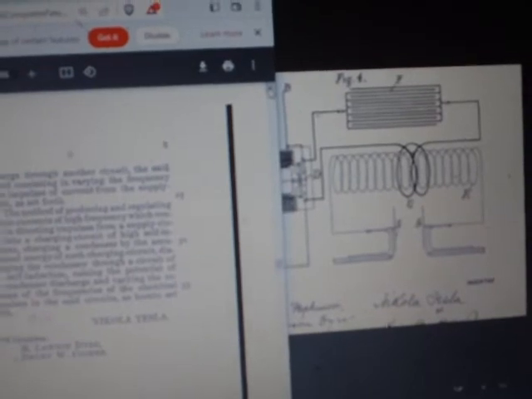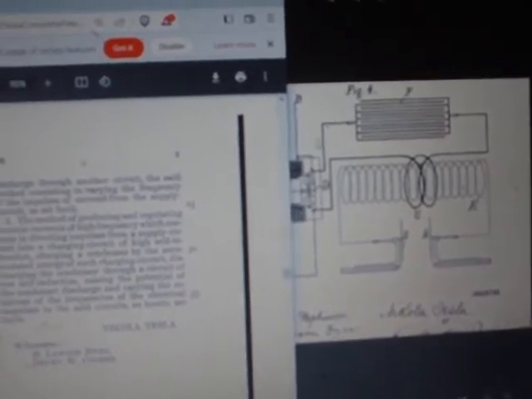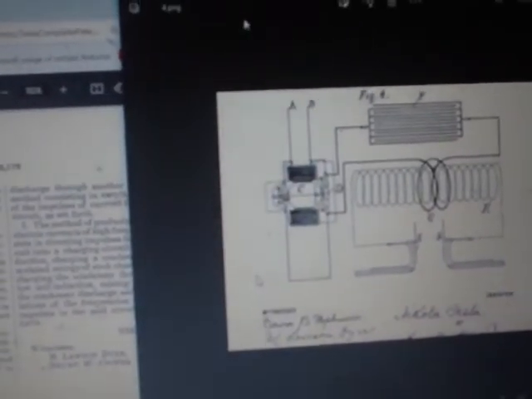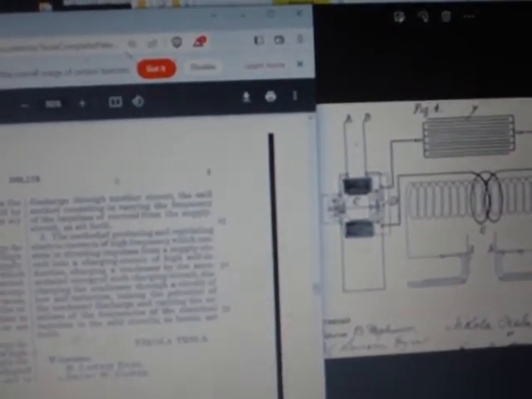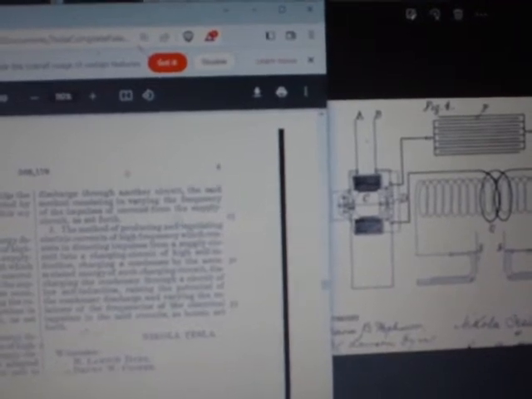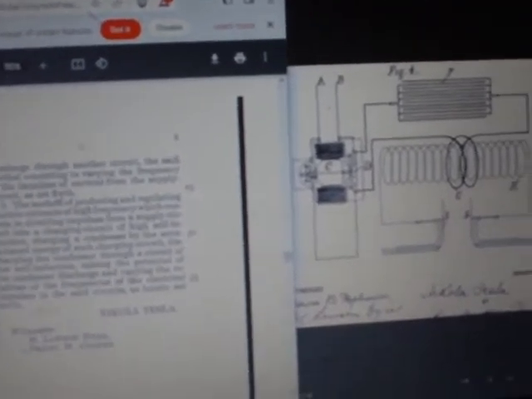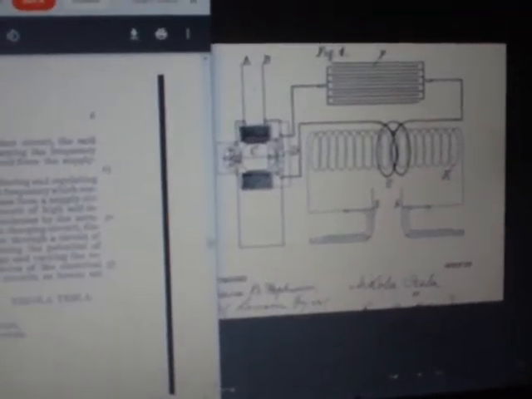to discharge through another circuit, the said method consisting in varying the frequency of the impulses of current from the supply circuit as set forth. 3.